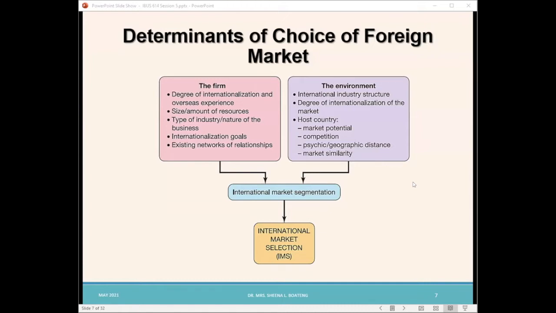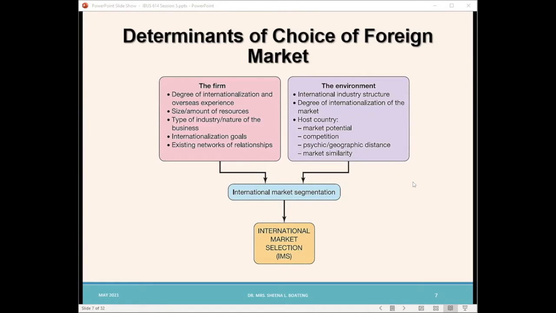And then most of all, the characteristics within the host country, which is a very important predictor of whether or not the firm, once it's able to successfully enter the market, will be able to survive. Even to a large extent, it determines whether or not the firm will have it easy or difficult making an entry into this foreign market.